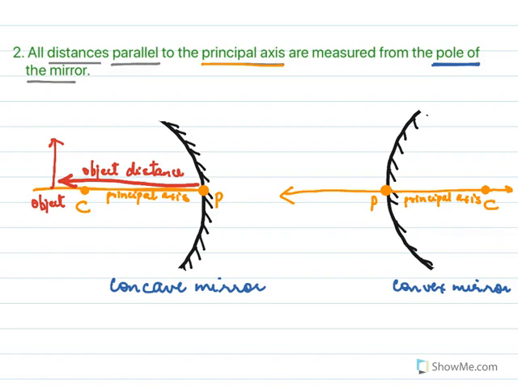Again, in the next diagram, the objects are always kept on the left side, and to measure the object distance, first we denote the pole, and from the pole, this distance right up here will be the object distance.